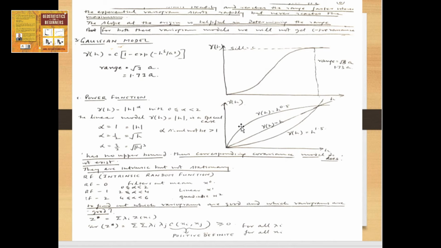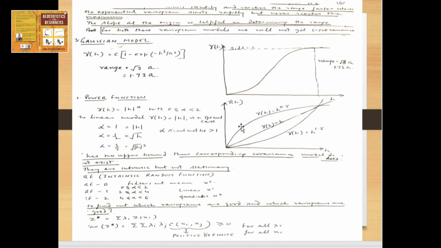The power function can be represented as gamma h equals h to the power alpha, with 0 less than or equal to alpha less than 2. The linear model gamma h equals h is a special case.